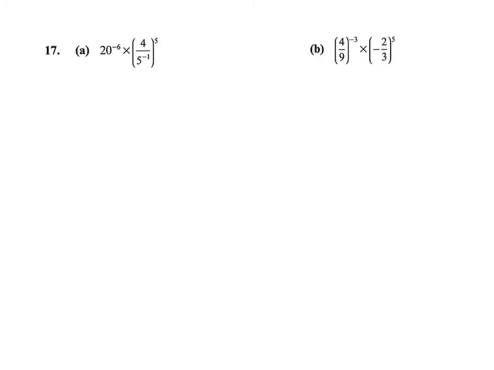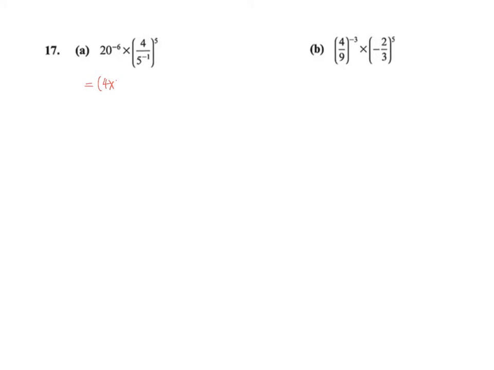And I will use question number 17 as an example as well. 17a: 20 to the power negative 6 times 4 over 5 to the power negative 1, to the power 5. To handle this, you may think, how can I change 20 to the same base or same index? Is there any relationship between 20 and 4 and 5? If you are clear enough, you will remember 20 actually comes from 4 times 5.